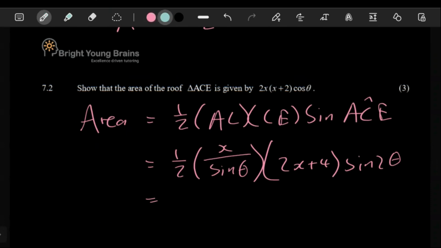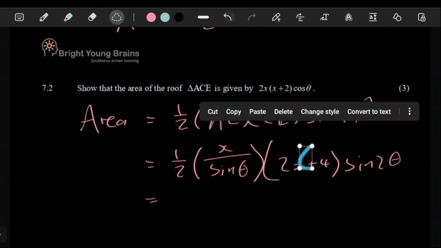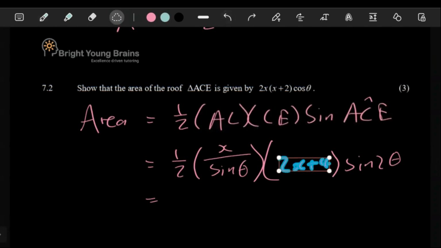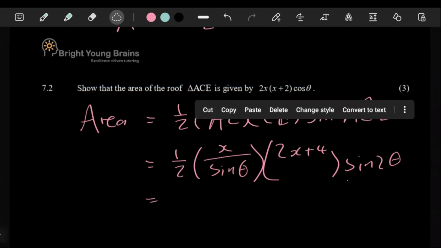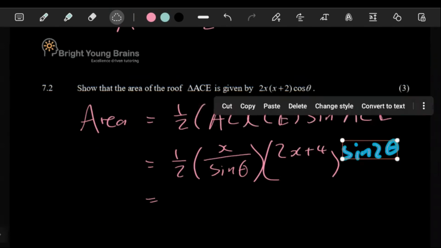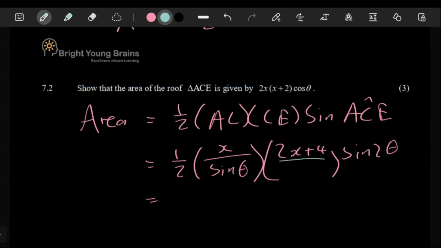So if you see that you have a fraction and another fraction, and the other stuff is not a fraction, you might as well make it a fraction. You help yourself. So let's make this a fraction. Let's make this a fraction. Put this over 1, put this over 1. So the top part and the bottom part, you're going to have 1 times x times this times this.